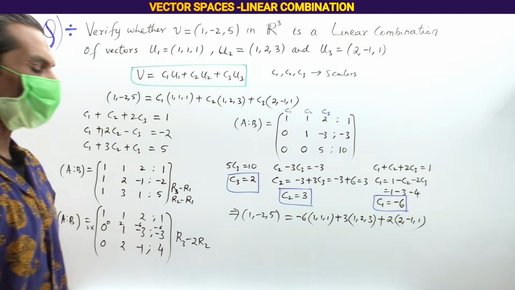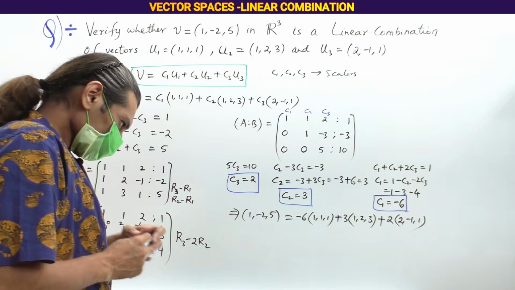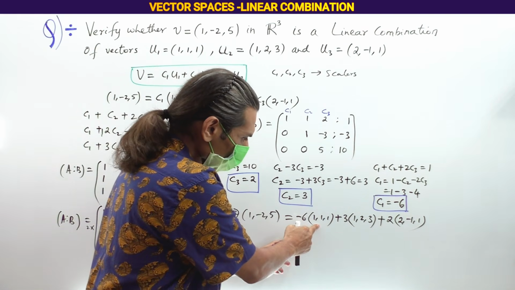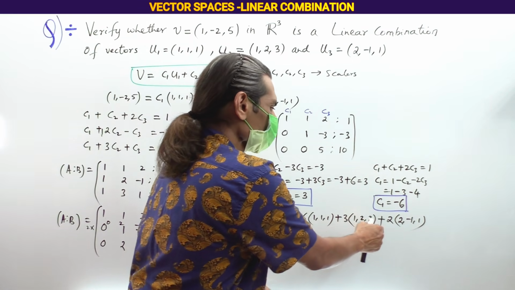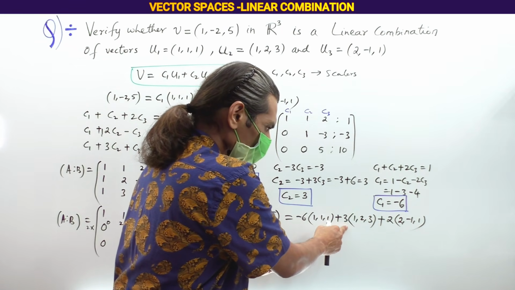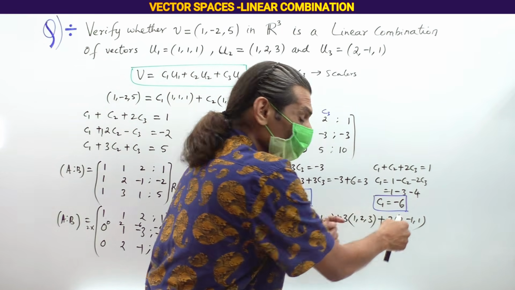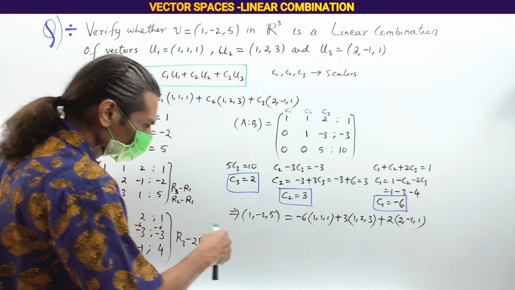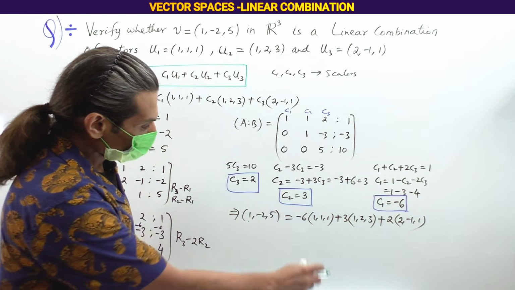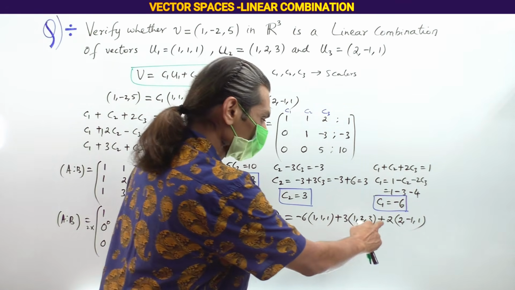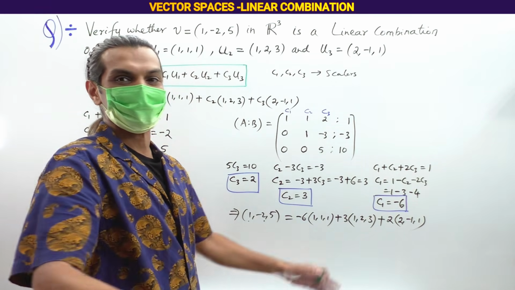Now let's verify it. See here, 1 should be equal to minus 6 into 1, minus 6, plus 3, minus 3, minus 3 plus 2. Am I right? Minus 6 plus 3 minus 3 minus 3 plus 2 is 4, and 4 minus 3 is 1. See, 1 is correct. Next, minus 6 into 1 is minus 6, 3 into 2 is 6, 0, and 2 into minus 1 is minus 2. Done.